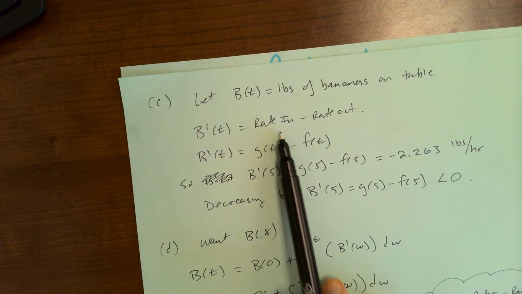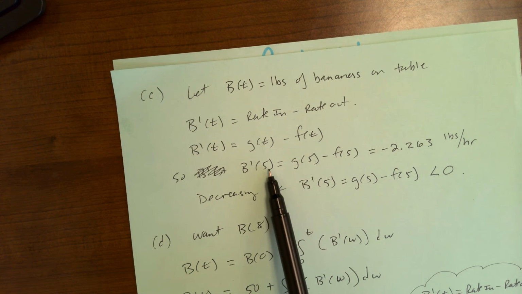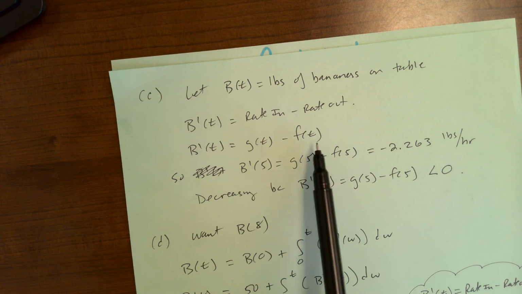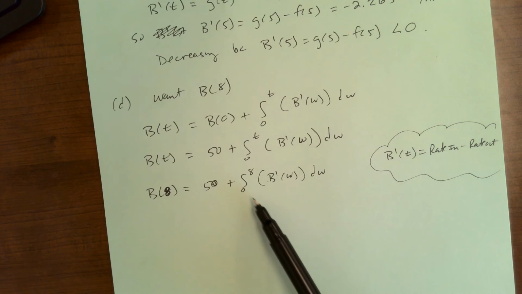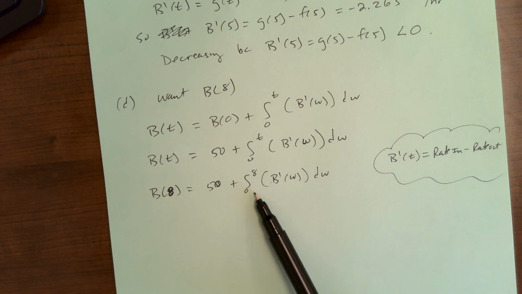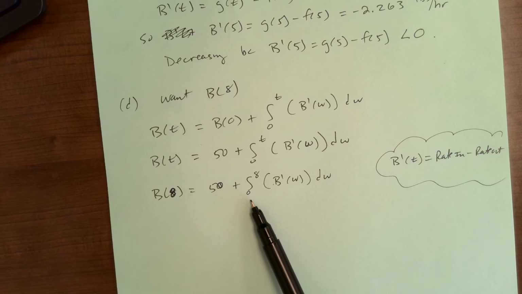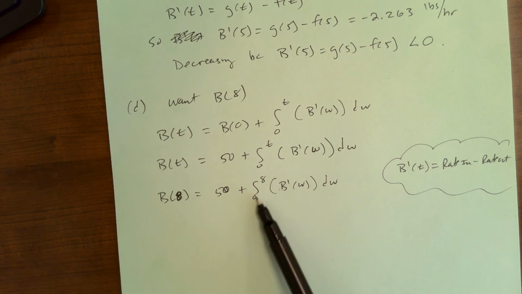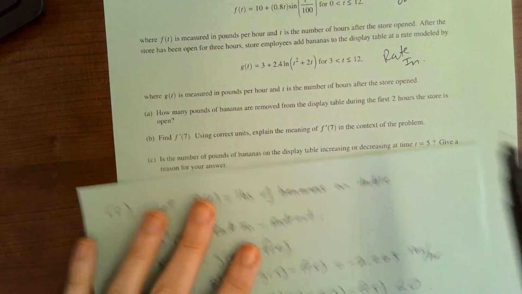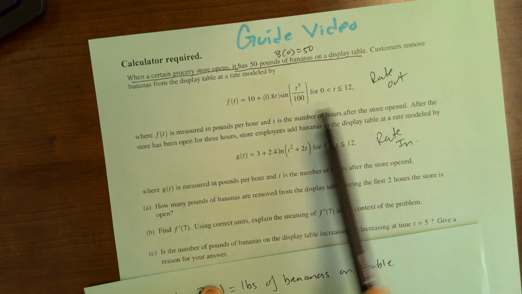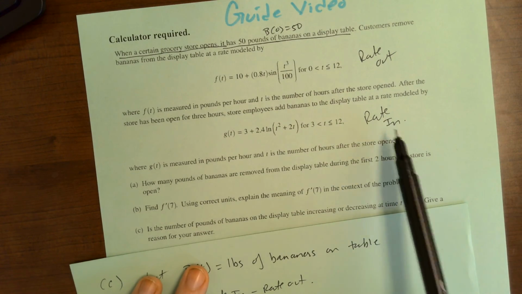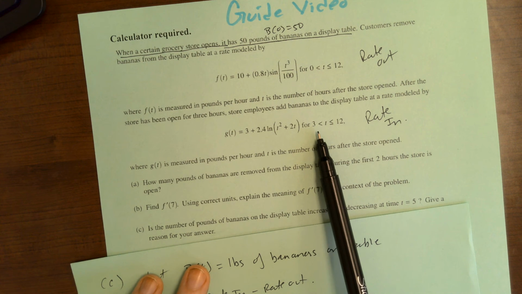Now, at time 5, the rate in is g and the rate out is f. But here, when you're doing an integral, you're doing it over an interval. So over this entire interval, time 0 to 8, the rate out is f. But the rate in is not always g.